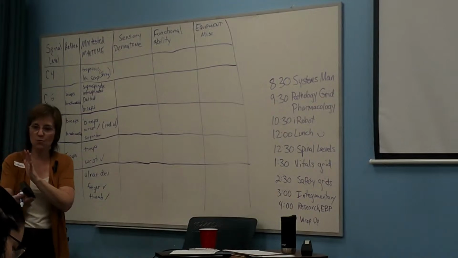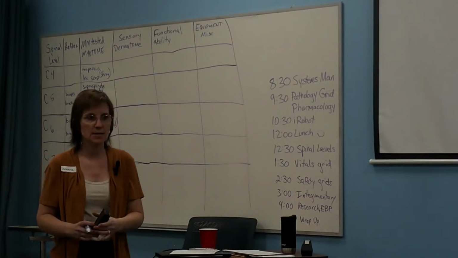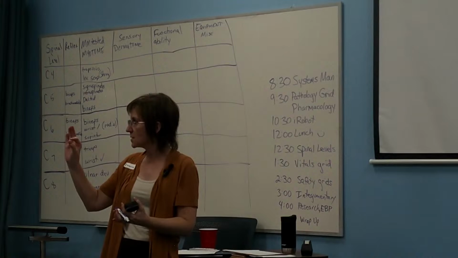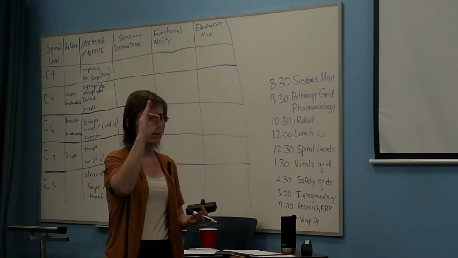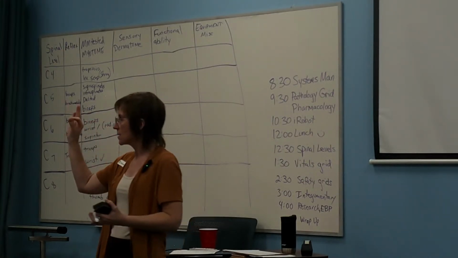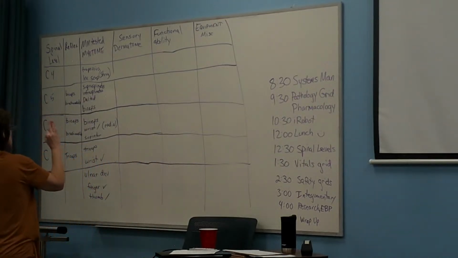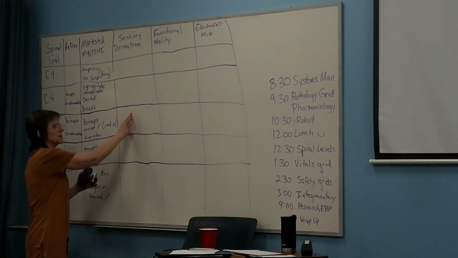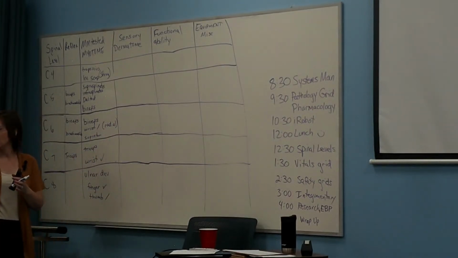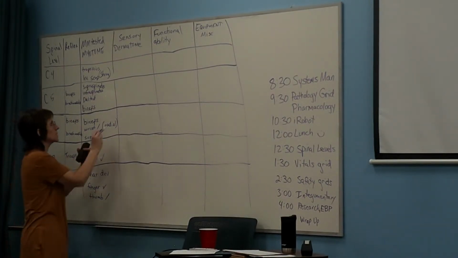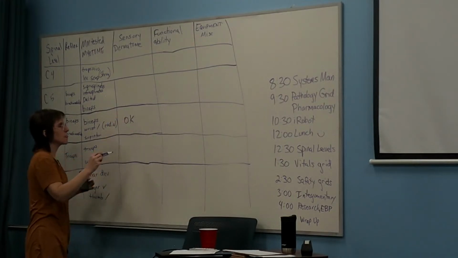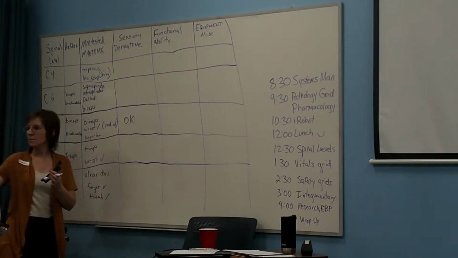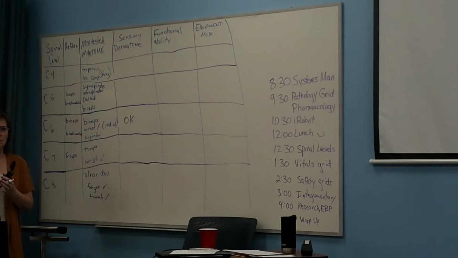What could you summarize C6 as? It's the thumb, right? So for C6 sensory, how would you write this? Okay, that's a good one. That is the sensory for C6. Or however you like, you want to simplify it.